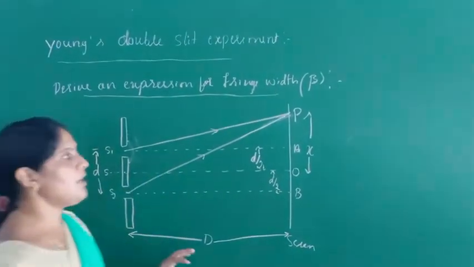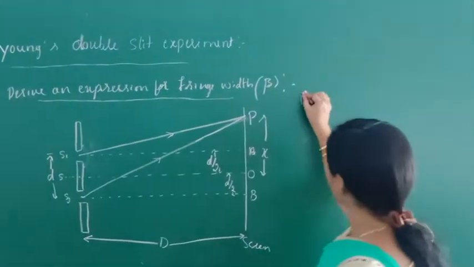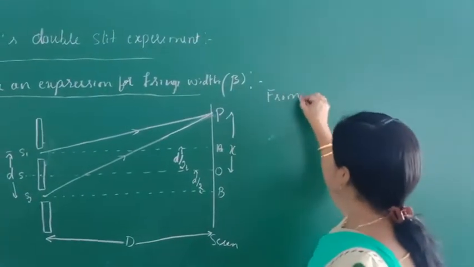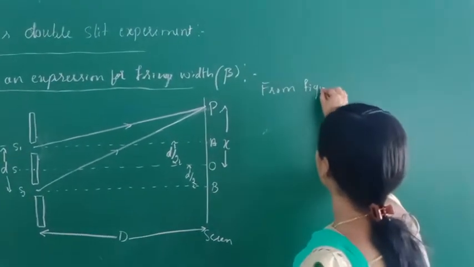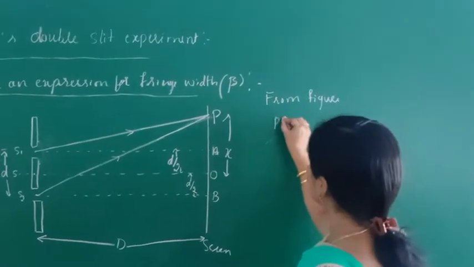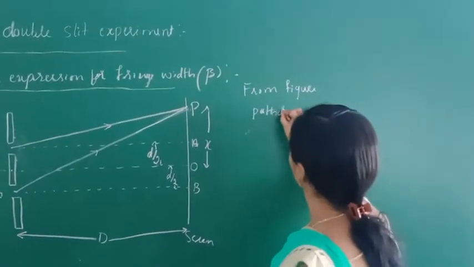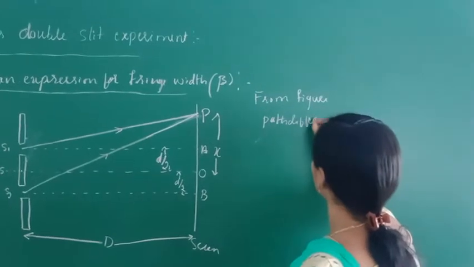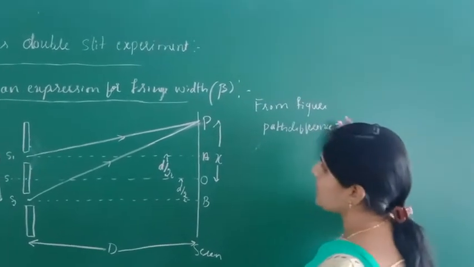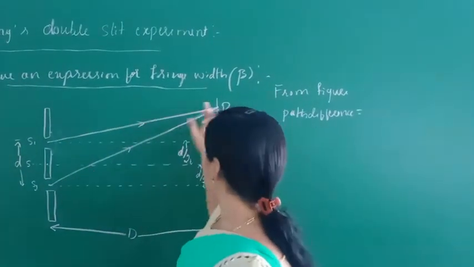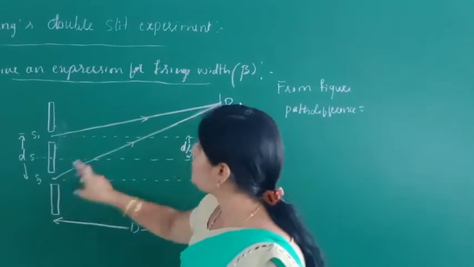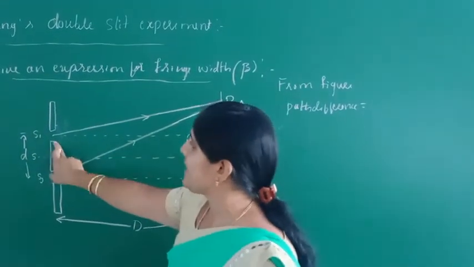From the figure, what is the path difference? The path difference at the point P is equal to S2P minus S1P.